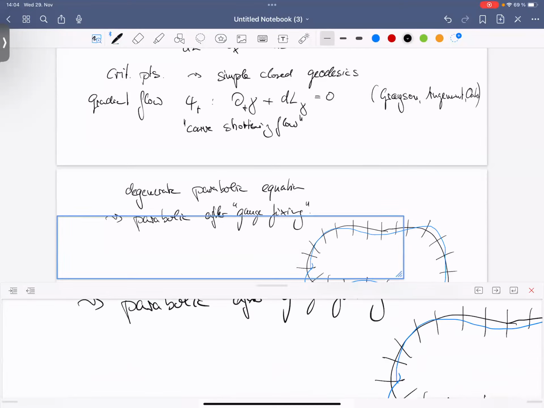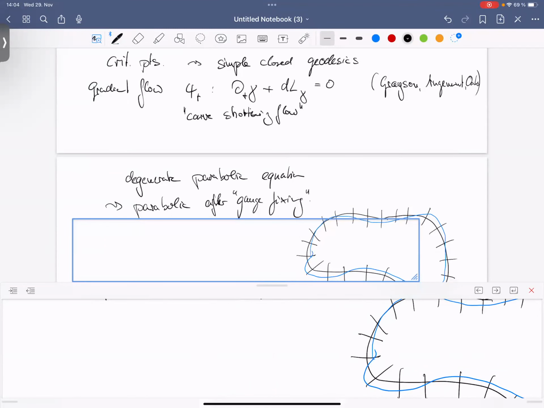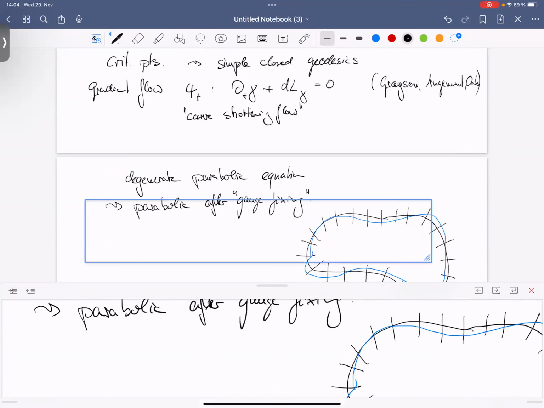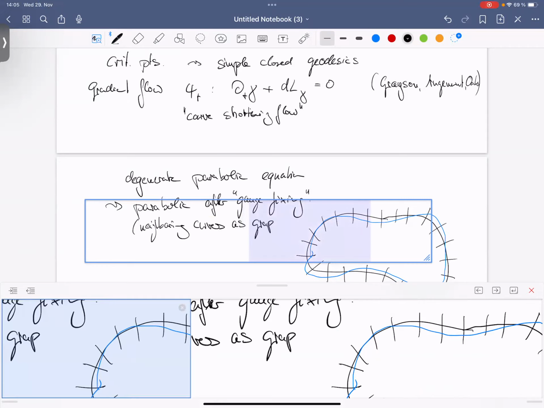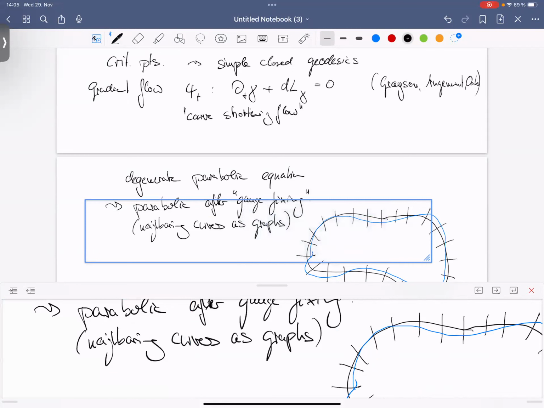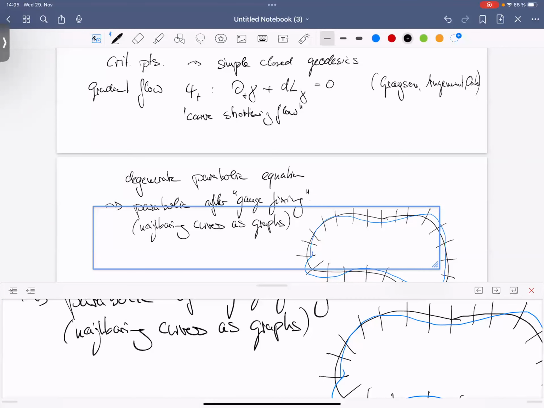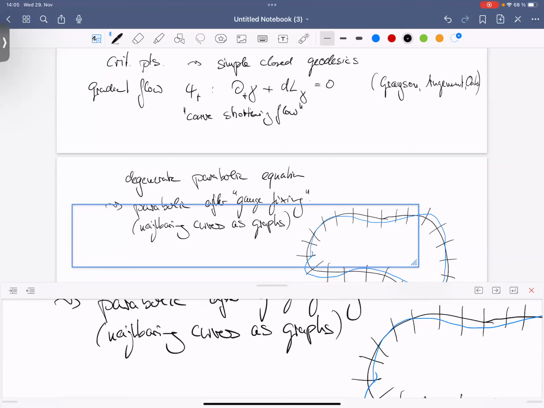Then you look in your PDE literature, and you see that these sort of things have a smooth flow, which actually depends in the C infinity topology smoothly and continuously on the initial value.